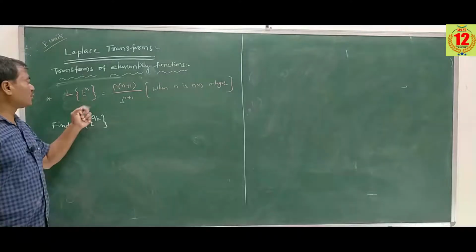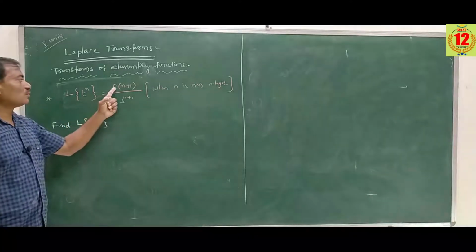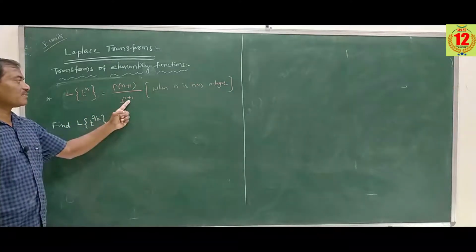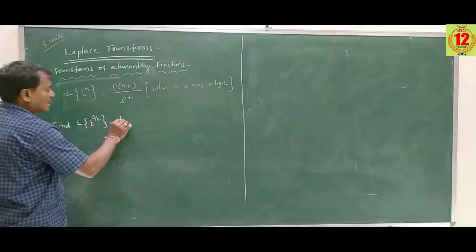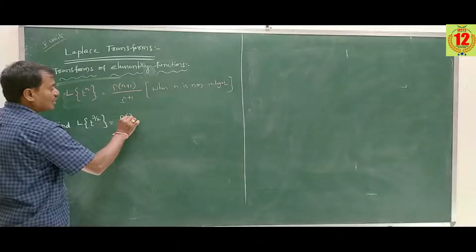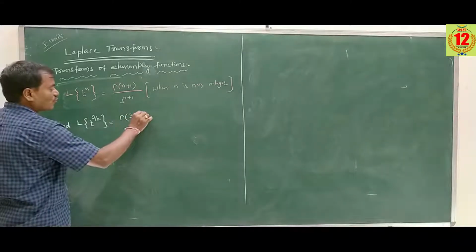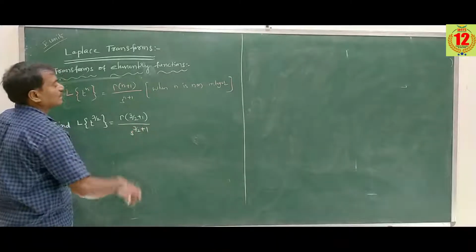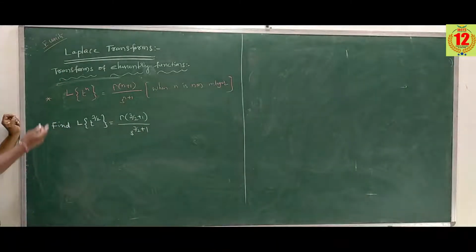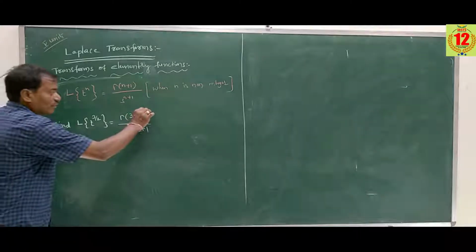Laplace transform of t to the power of n equal to gamma of n plus 1 by s power n plus 1. This is equal to gamma of 3 by 2 plus 1 by s power 3 by 2 plus 1, n equal to 3 by 2. We have to find out this value.